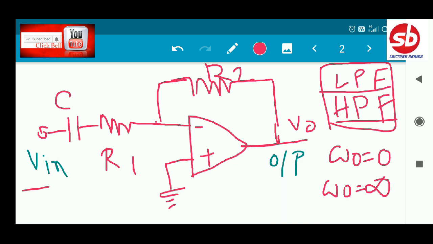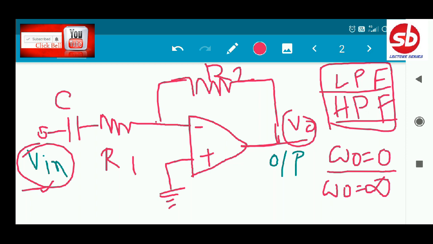Okay, so in this case omega 0 equal to 0, you have to just open this capacitor terminal and see whether the input is coming into the output.